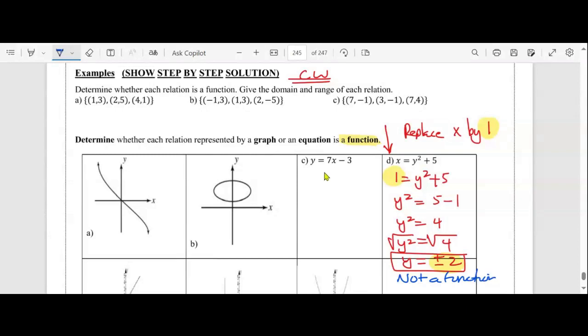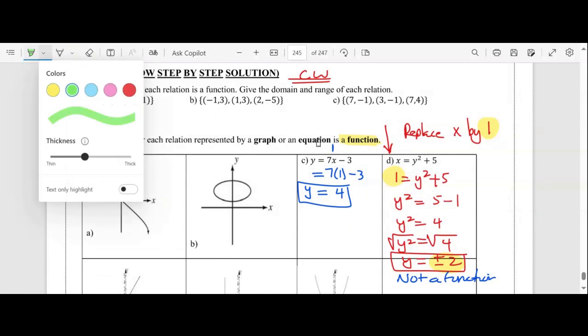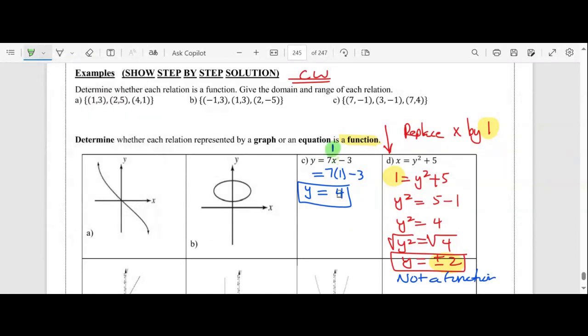But what about this one? If I replace x by 1 here, what are you going to get? You're going to get 4, right? So y equals 4. So take a look here. I have x is 1, but y is what? Y is 4. So is this a function or not? Not a function? Because 1 gives you 4.